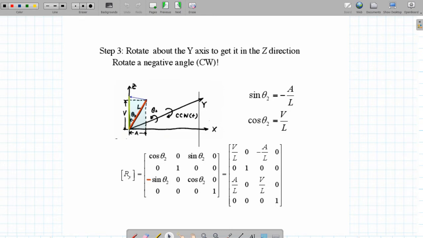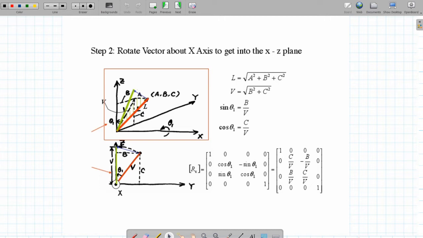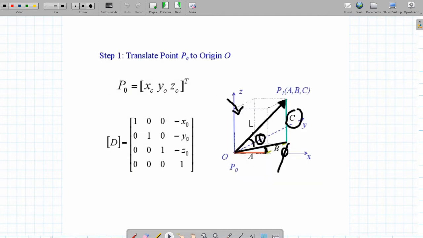As per the definition, this angle is not phi, it is theta 2.